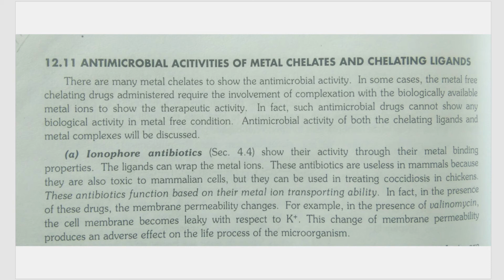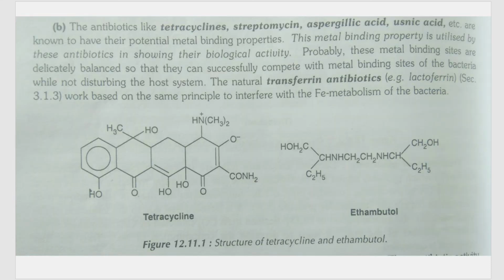Next are antibiotics like tetracycline, streptomycin, etc. They are known to have potential metal-binding property, that is, they have metal-binding sites. So how do they work as antibiotics in the body?